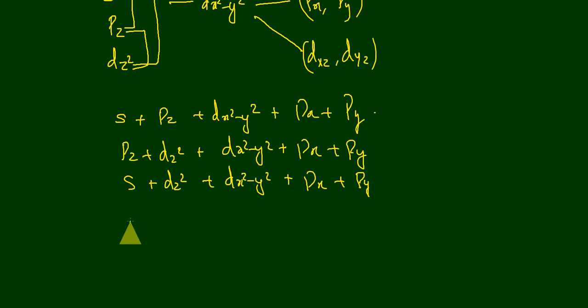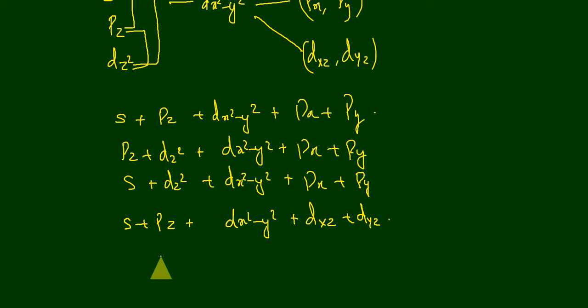This s plus pz plus dx square minus y square plus, now we will be using d orbitals, dxz plus dyz, okay.